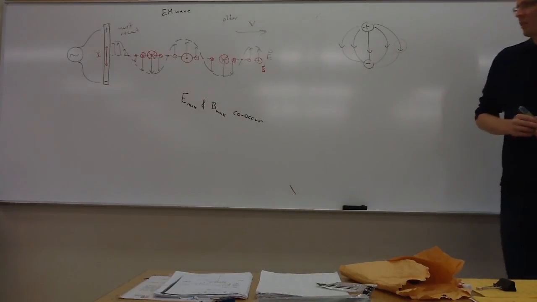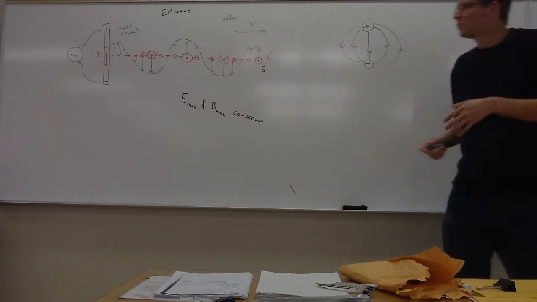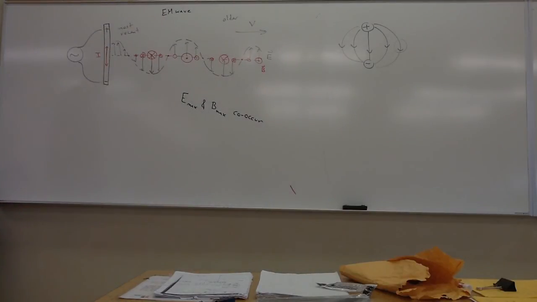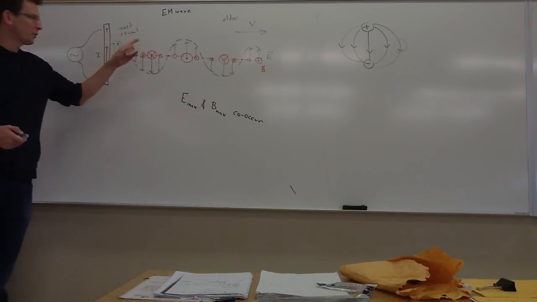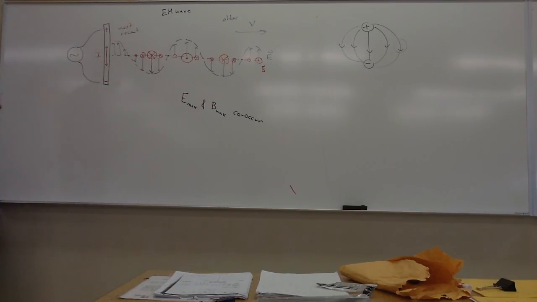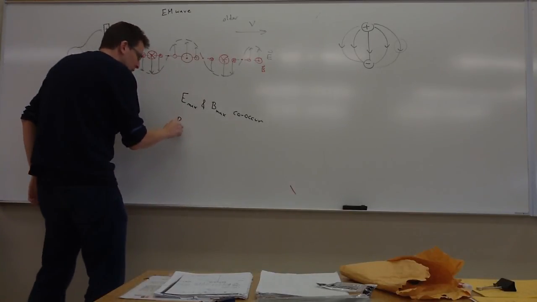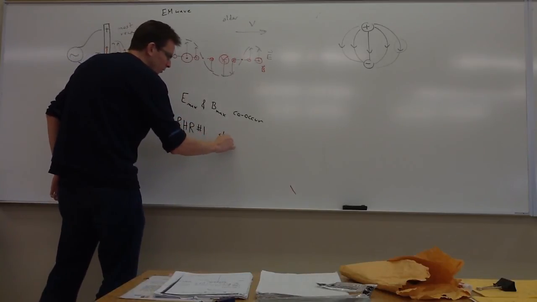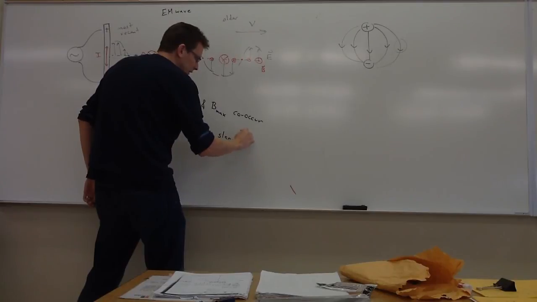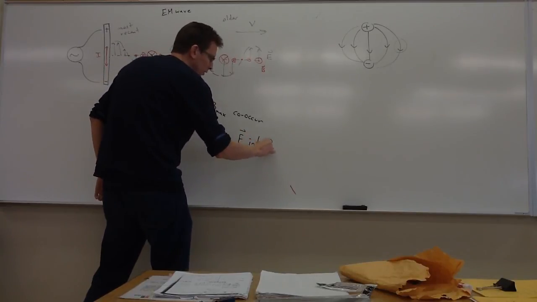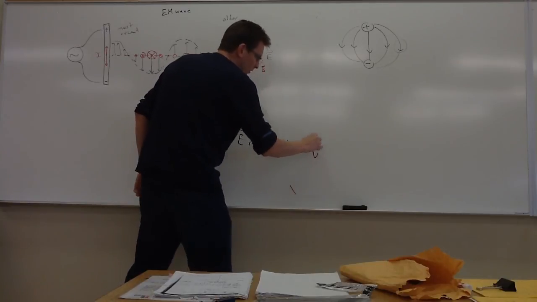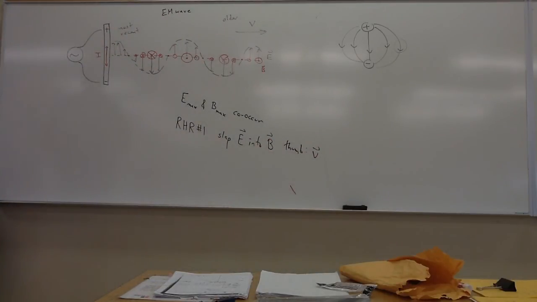And then the other thing that I can tell you is that there is a right-hand rule for orienting the three vectors involved here: electric field, magnetic field, and the velocity vector. With right-hand rule number 1, if you slap E into B, your thumb gives the direction of the velocity of the wave.